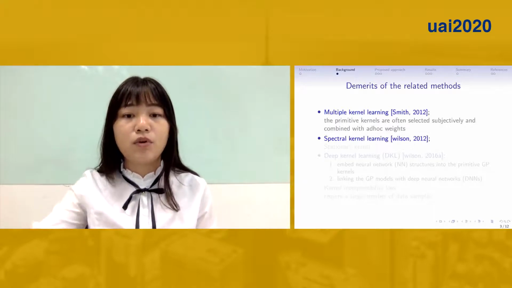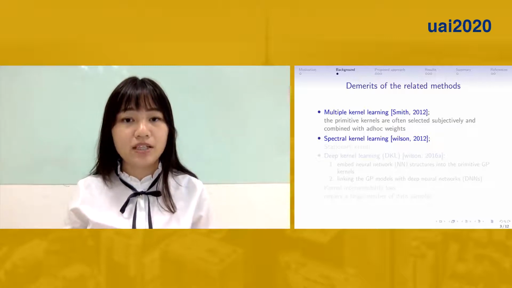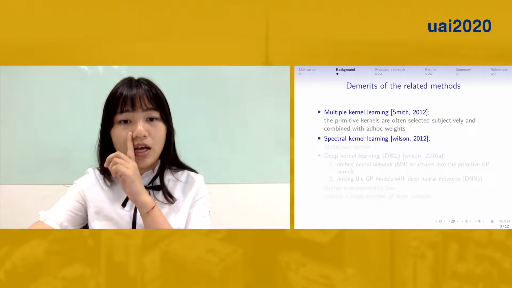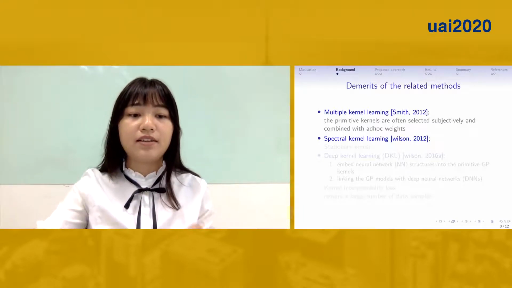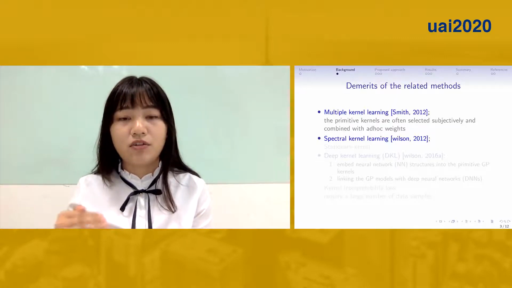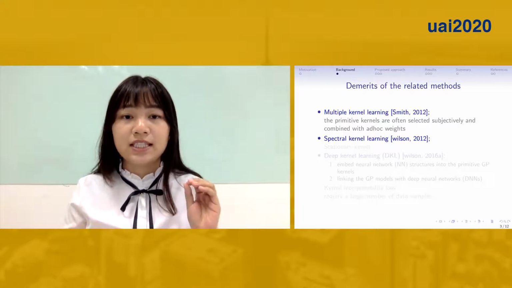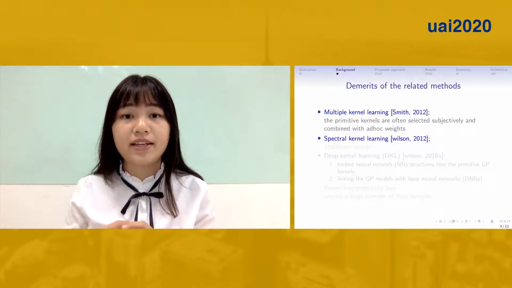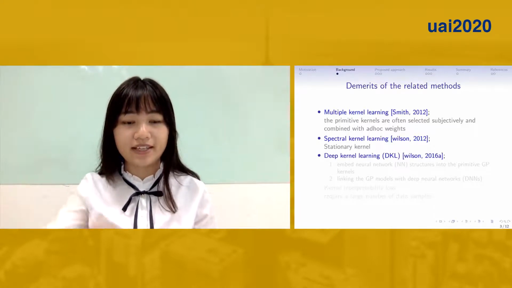The main drawback is that we need to subjectively select the primitive kernels and also the weights for each kernel. Another famous category is spectral kernel learning, which approximates the spectral density of a desired stationary kernel by a mixture of basis functions.